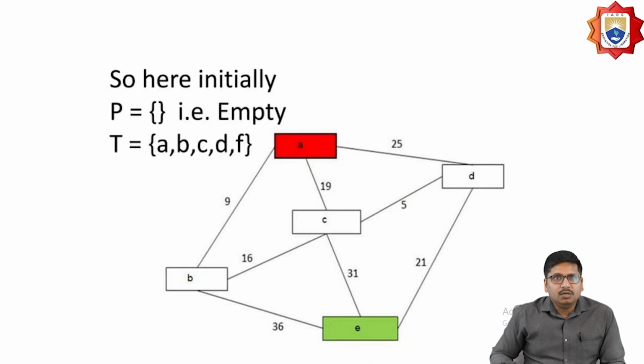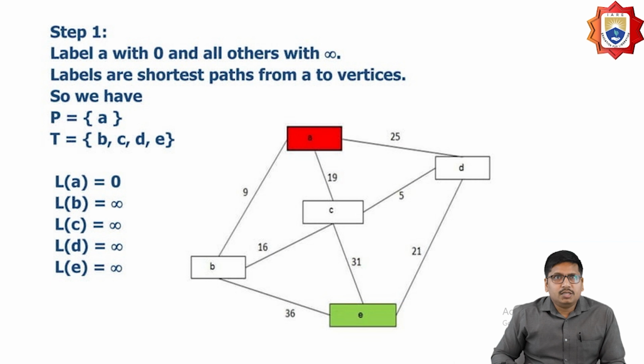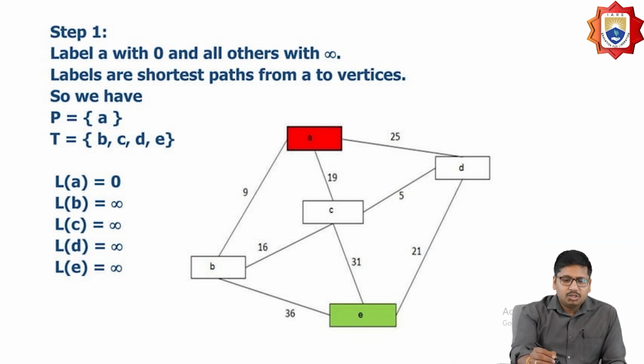Initially P should be empty and T should be the set of all vertices. So step one is to label the source vertex 0 and all the remaining vertices infinity.